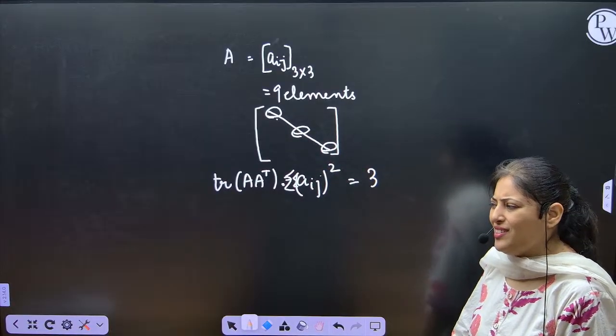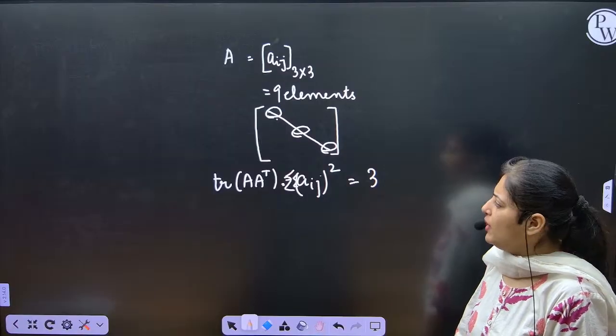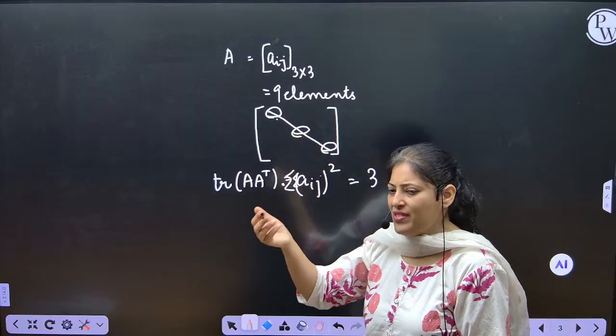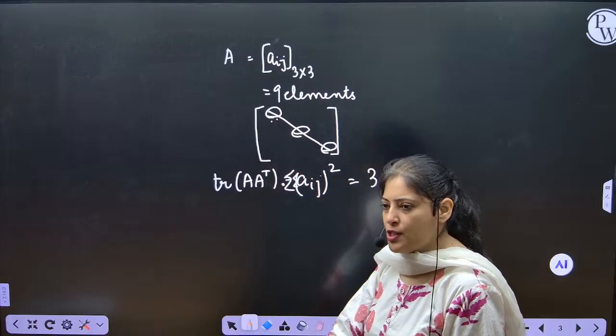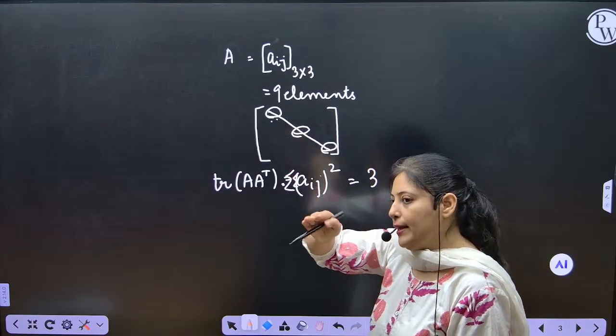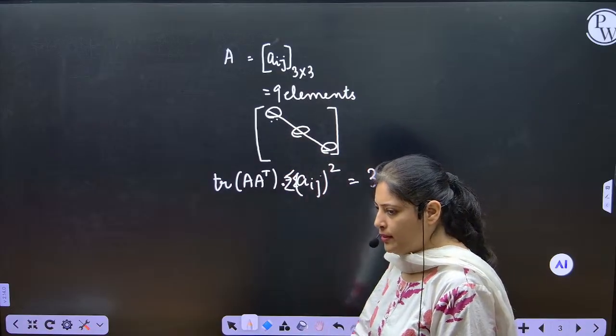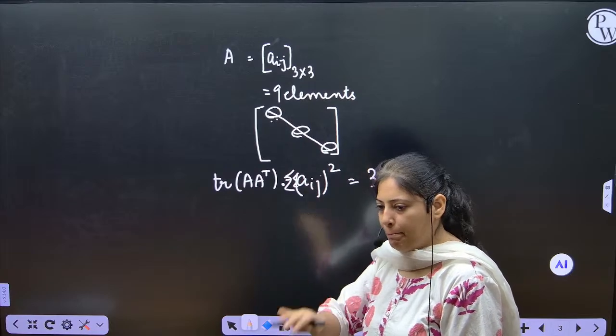Now no need to keep it 0. The 0 will not make any sense. So what I am going to do is, I'll take the element 1, or it can be -1.